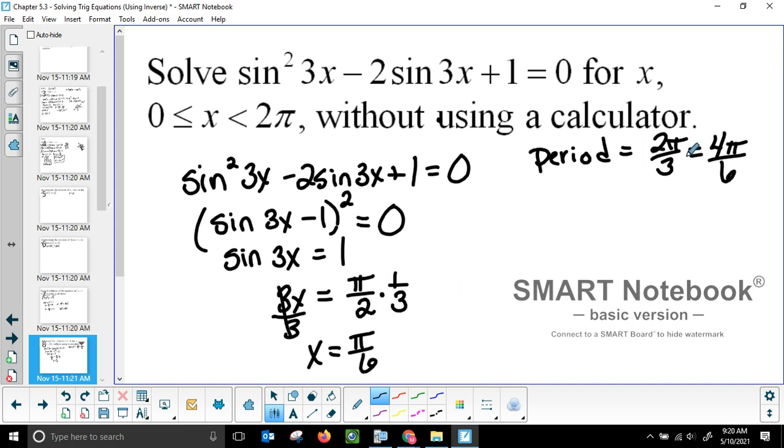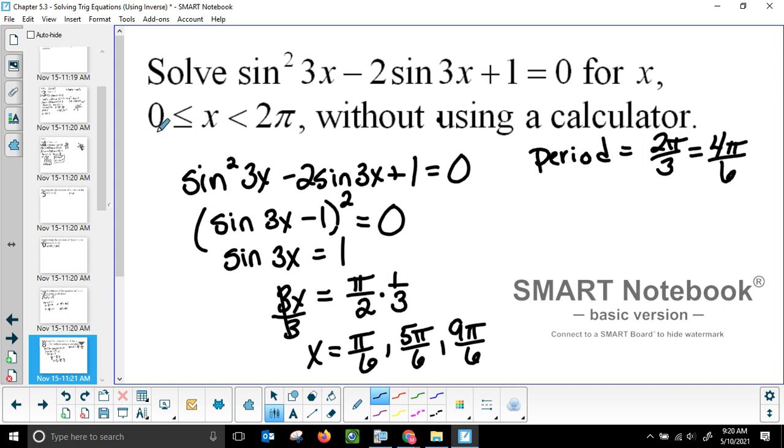So what is pi over 6 plus 4 pi over 6? 5 pi over 6. What's 5 pi over 6 plus 4 pi over 6? 9 pi over 6. What happens if I try to do it again? It's too big. If I add 4 pi over 6 to 9 pi over 6, I get 13 pi over 6, and 13 pi over 6 is bigger than 2 pi.